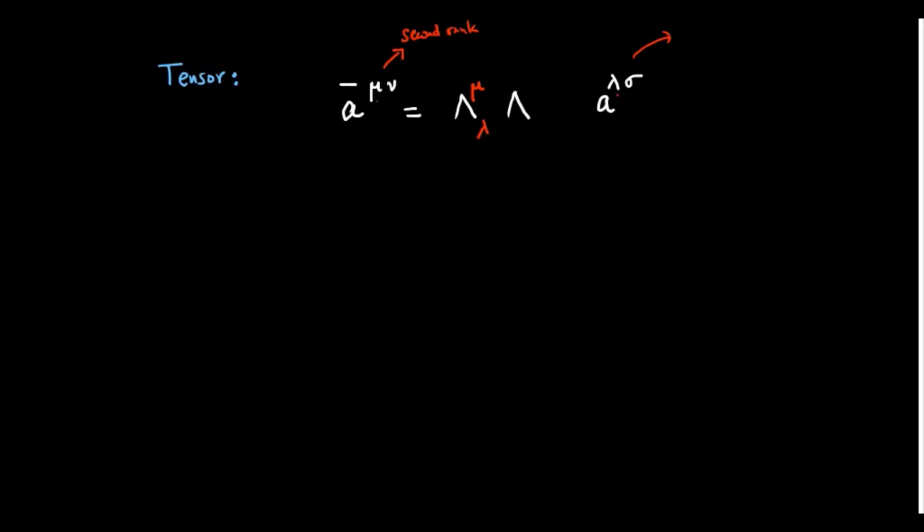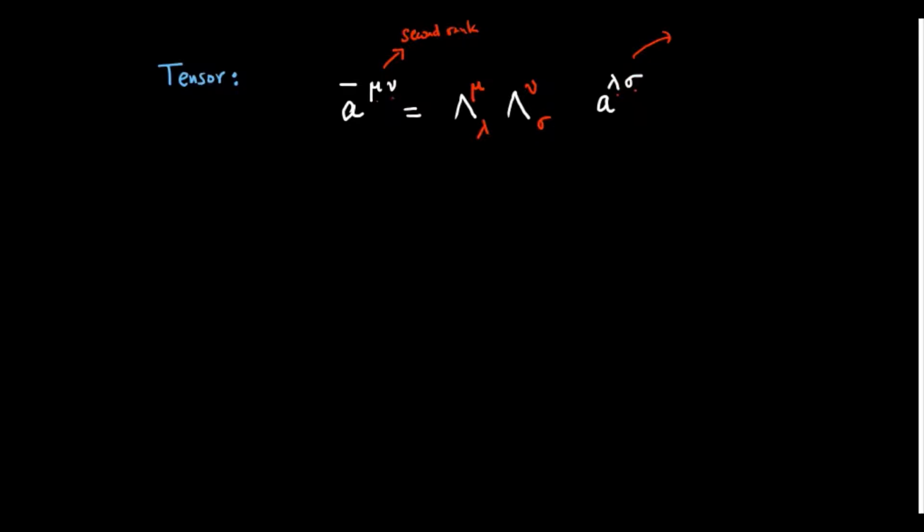Another one is a sigma transformed into nu, so you have a nu here and a sigma here. This is how we write the indices. Just look at here, you have a lambda in the lower index and lambda in the upper index, so that will be summed over. You have a sigma in the lower index and sigma in the upper index, that also will be summed over, and what remains is the mu nu th element.